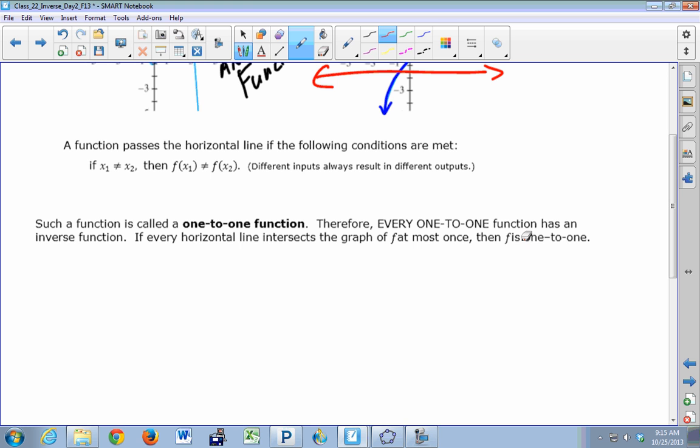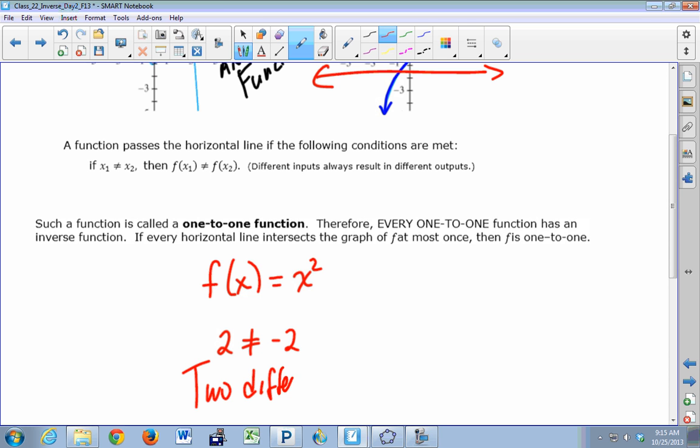And I think you can see that if we take our parent function x squared, and I put in, we can all agree that 2 does not equal negative 2. Those are two different inputs. But if I look at f of 2, it equals f of negative 2.